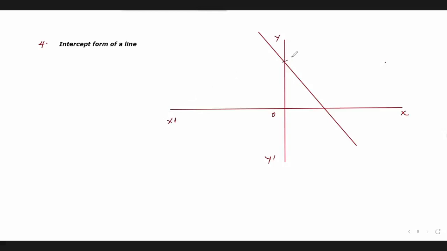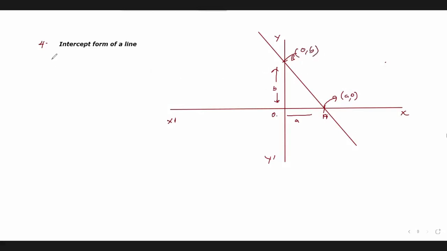Let this point be B, this point be A, this is O. So what will be the equation of this line, that is line AB? So again, if I say that OA is a and OB is b, the distances, what will be the coordinates of A? A coordinate will be a, 0 and B coordinate will be 0, b.